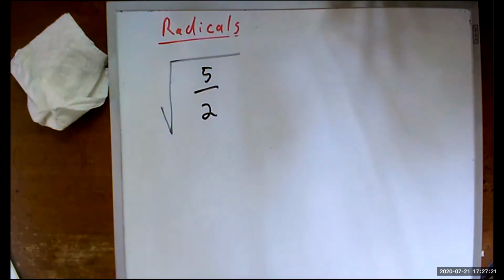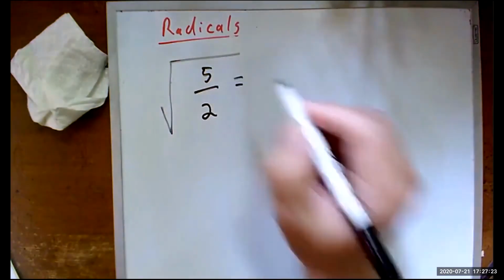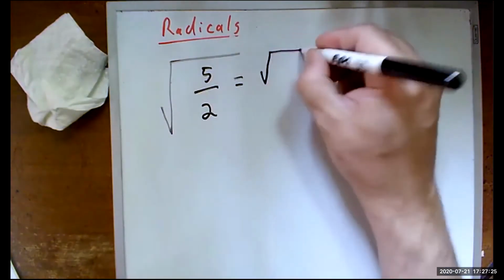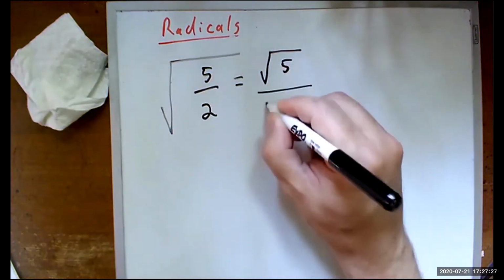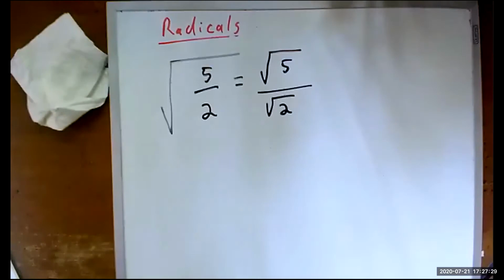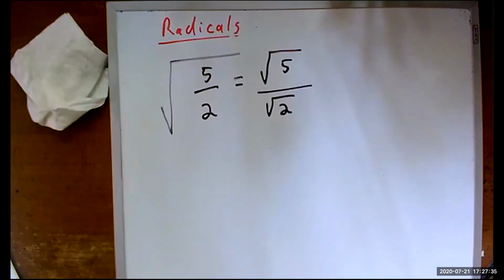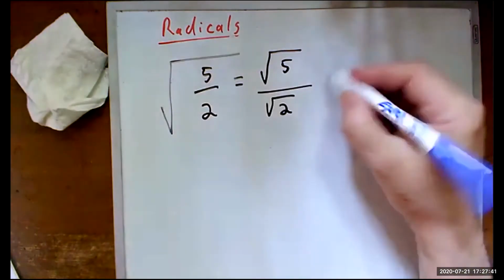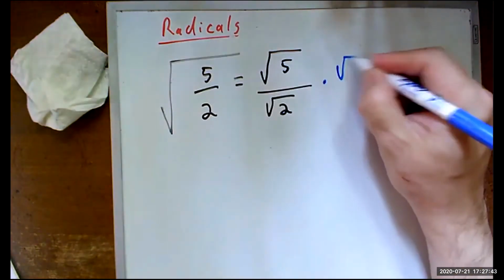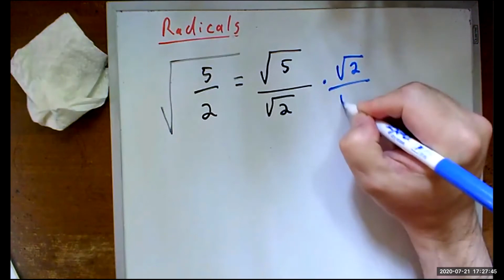What happens if we're given something like the square root of 5 over 2? Well, as we were looking at earlier, that's the same as saying the square root of 5 over square root of 2. However, we're not allowed to have radicals in the bottom of our fractions.